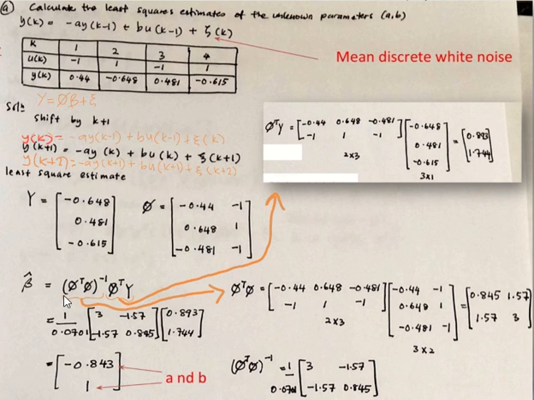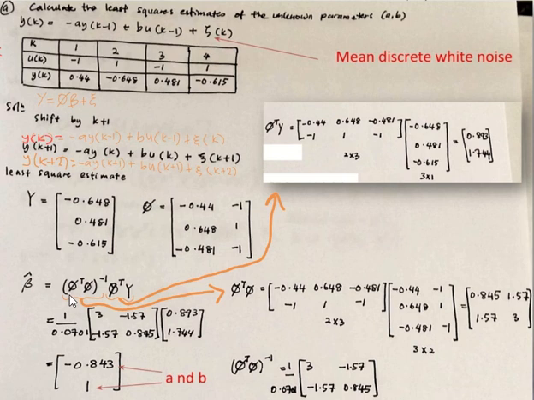We find the theta transpose, multiply it by theta, and then find the inverse. Then we multiply by theta transpose times the value of y. So this is theta transpose, this is y, and this is the result of the multiplication.